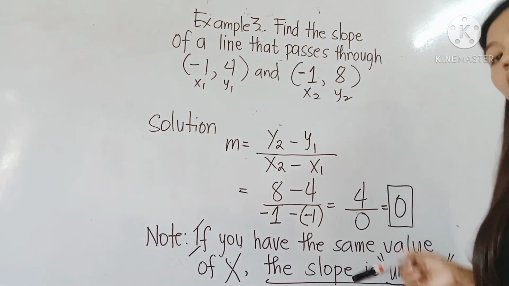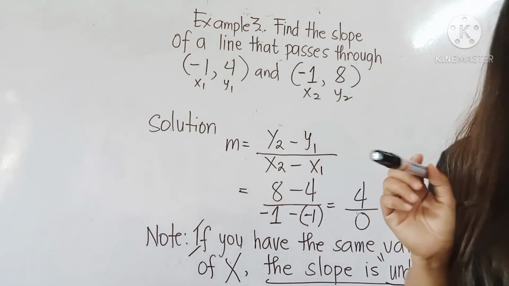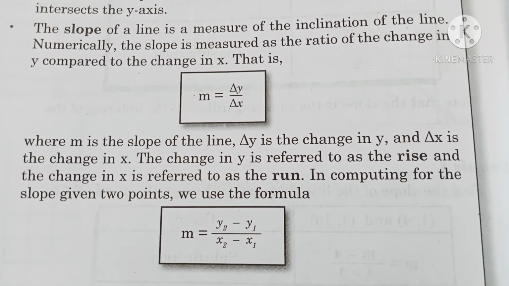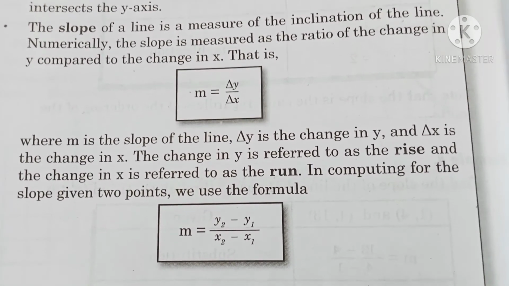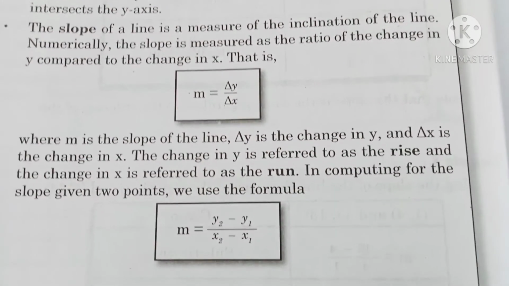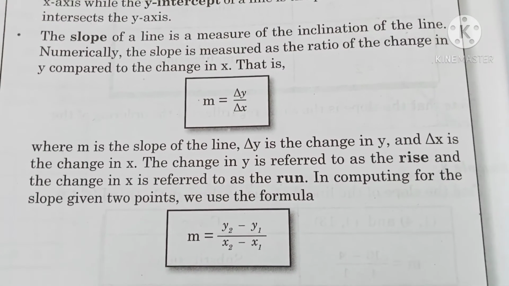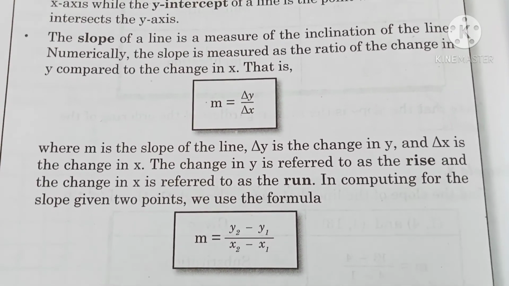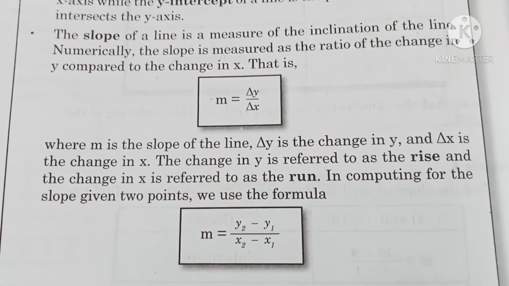Okay, now let's proceed to your activity. Okay, but before that, please remember that the slope of a line is a measure of inclination of the line. Numerically, the slope is measured as the ratio of the change in y compared to the change in x. So that is, as you can see, may formula tayo dyan.